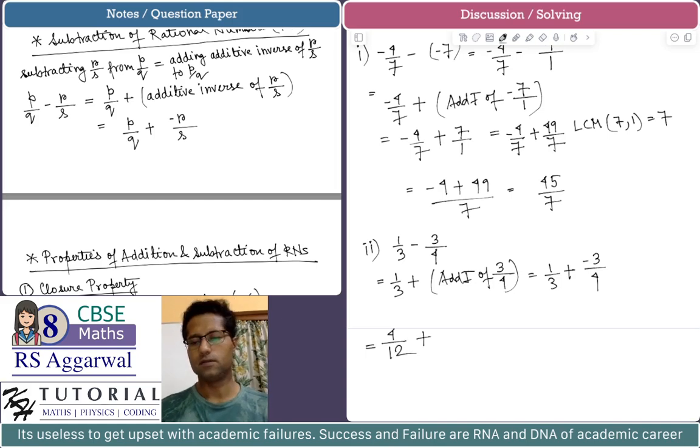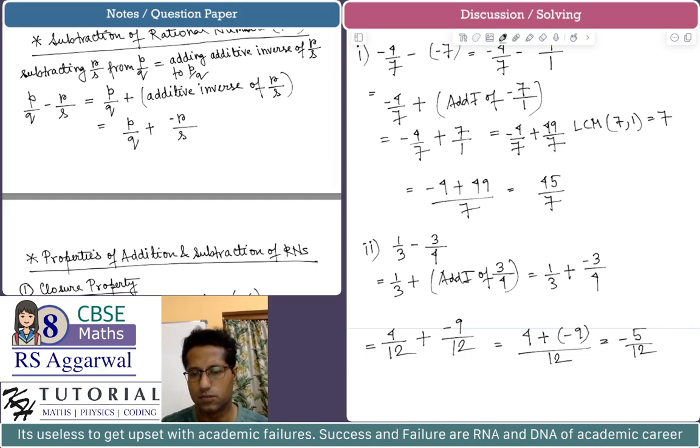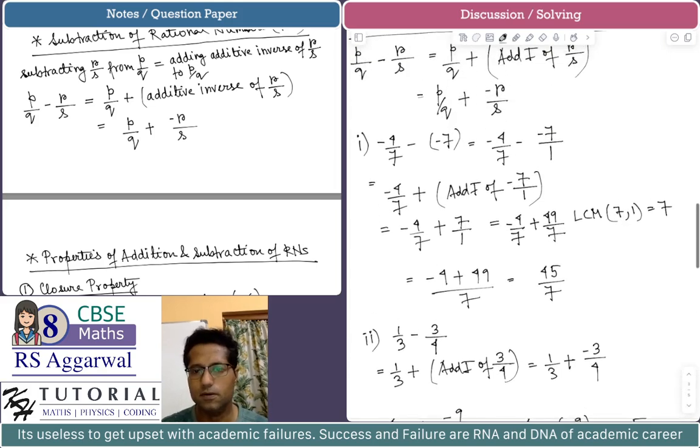And minus 3 by 4 becomes minus 9 by 12, because we multiply both the numerator and the denominator by 3. So now this becomes 4 plus minus 9 divided by 12, which is equal to minus 5 by 12. I hope it's clear how we do subtraction of two rational numbers.